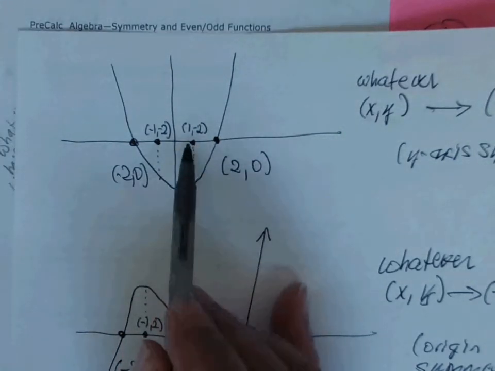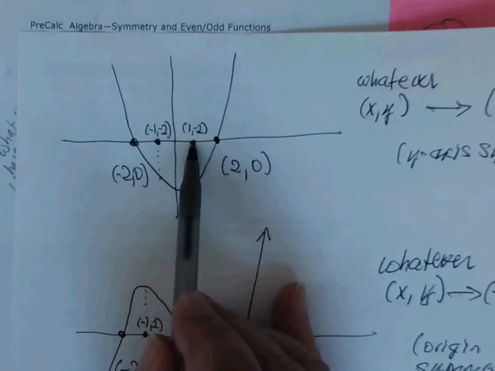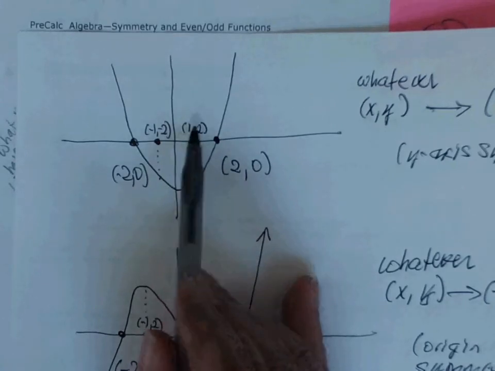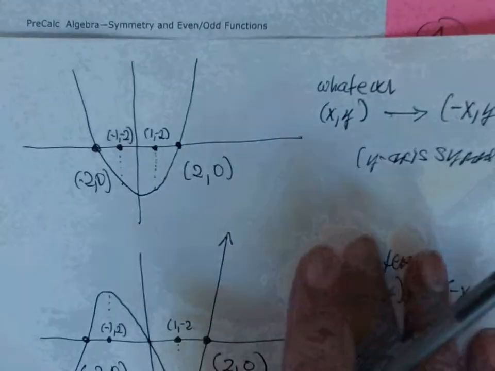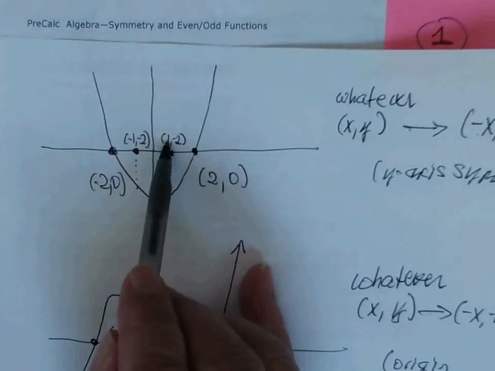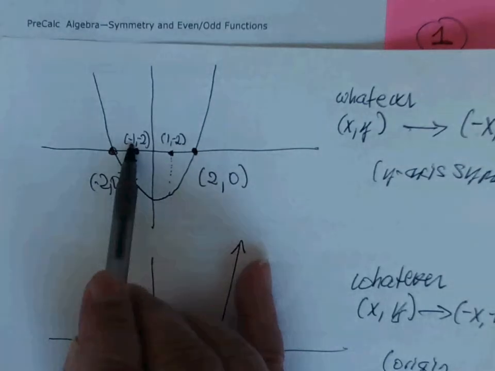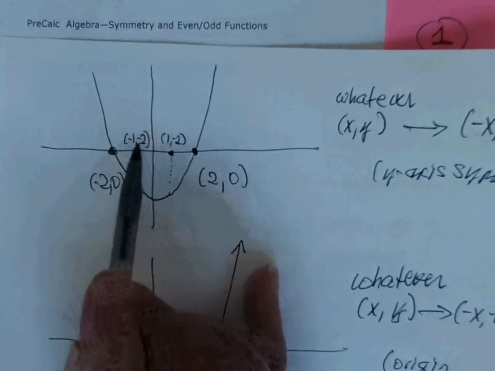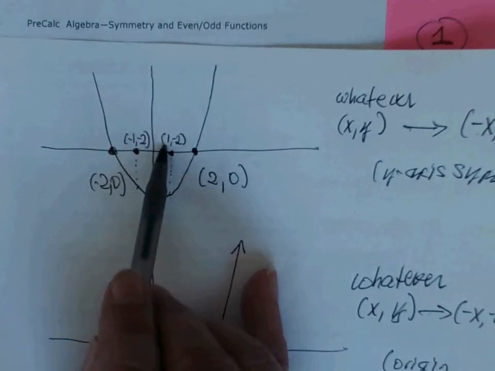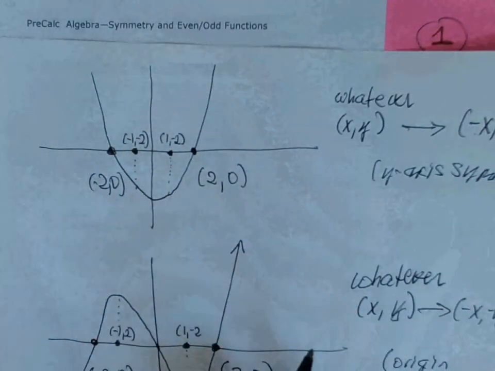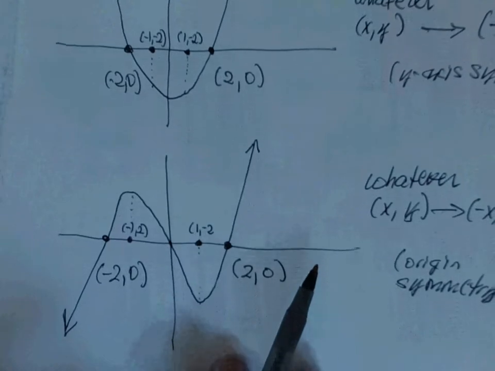Just pretend, okay, that I have a perfect graph here. Do you see the opposite x with the same y? Do you see what's the opposite of 1? Negative 1. Do you see the same y? Are the y's the same, but are the x's opposite? See what I'm saying?